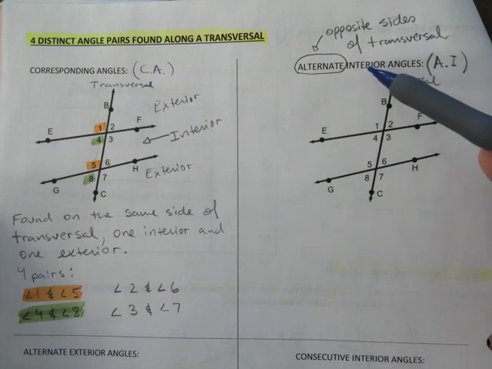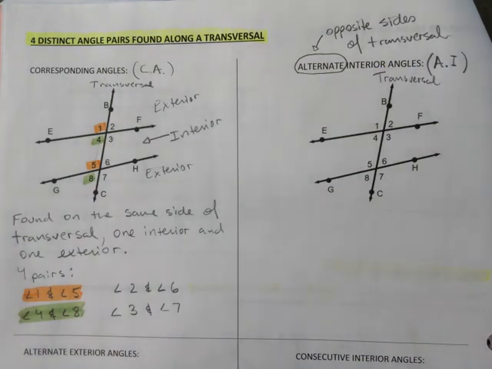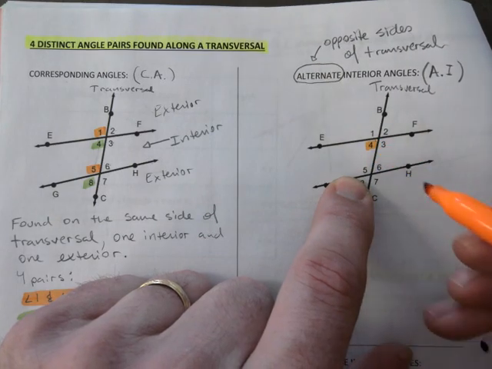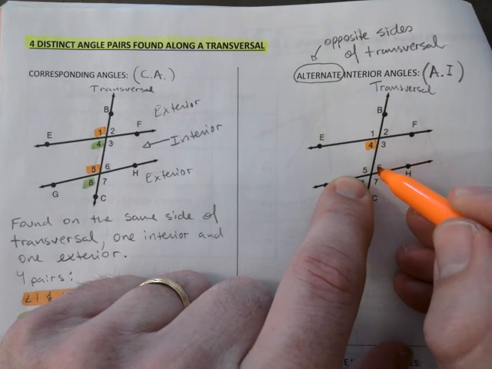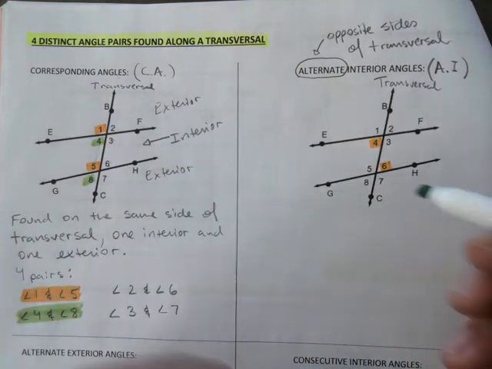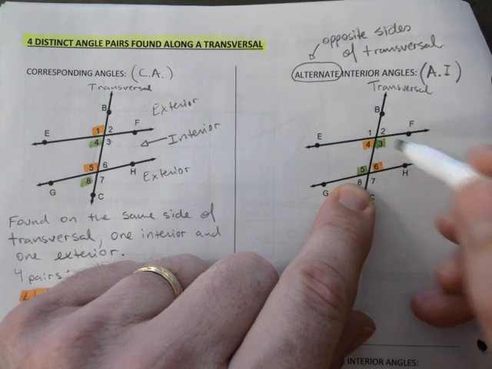Alternate interior. And so interior means that both of them have to be on the inside. So if you have a highlighter, 4 is alternate interior to 6. And 5 is alternate interior to 3.